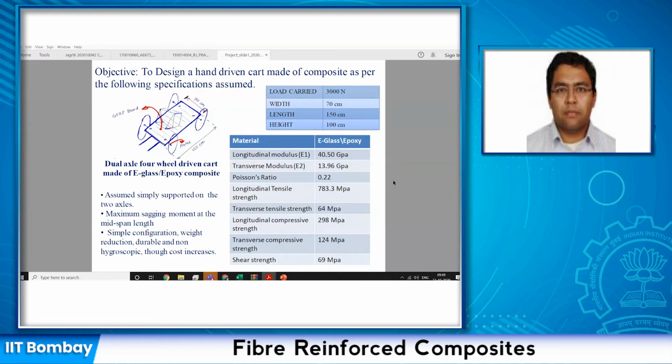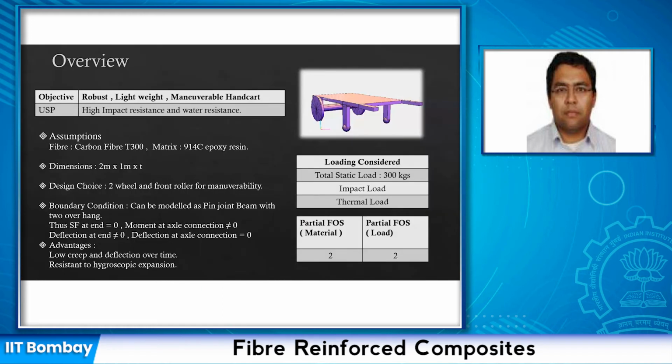That's why. Okay. So here, my objective is to design a robust, lightweight and maneuverable handcart for a better experience. Apart from this, the unique selling point I'm about to project is that it would have high impact resistance and water resistance, which the normal handcart generally lacks. The material which I've chosen is carbon fiber T300 and epoxy resin.